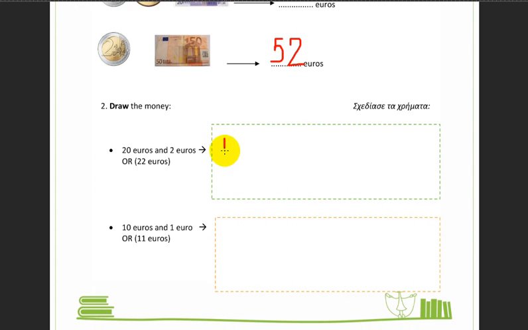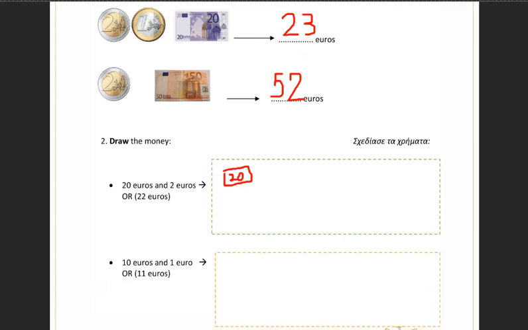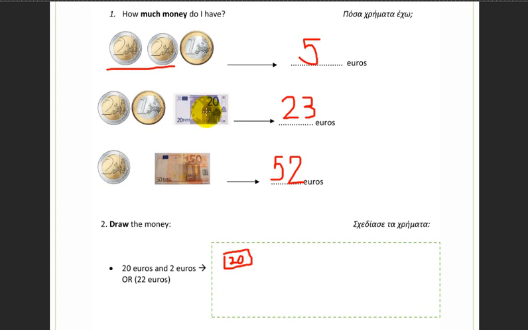So I would go here and I would make a box, and inside it I would write 20. We don't have to be artists here. We don't have to draw all the little details like this, whatever this is, this building here, the stars. We can just write a box with 20 in it.